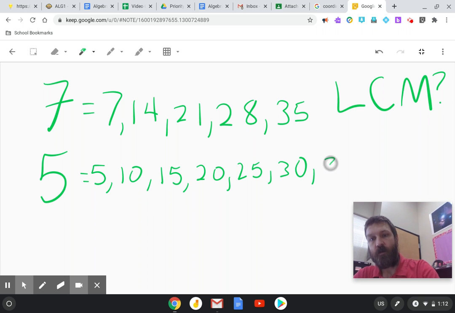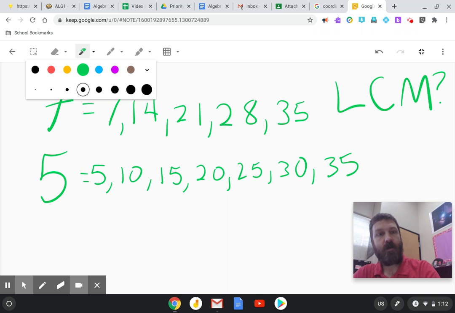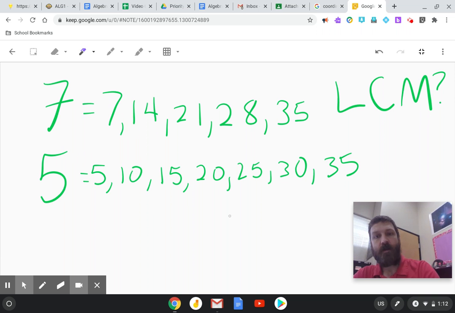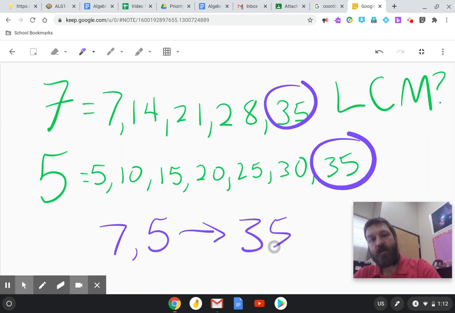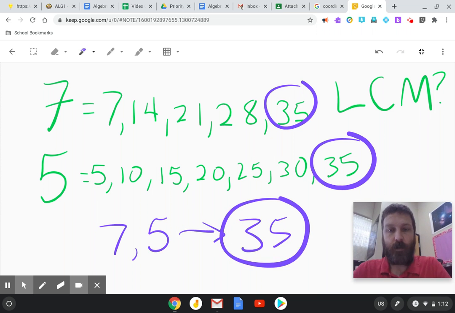So we can see that 35 appears in both lists. So then the least common multiple of 7 and 5 would be 35.